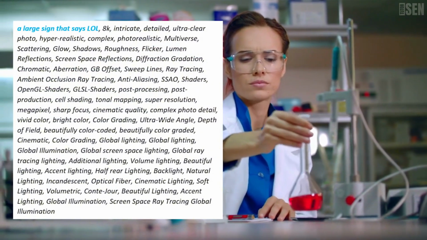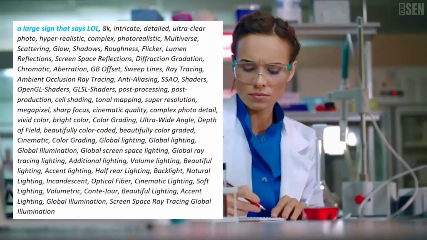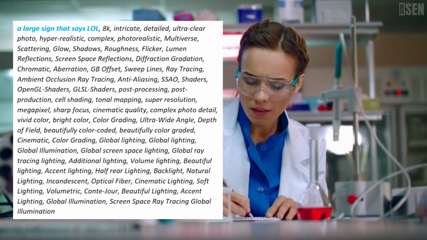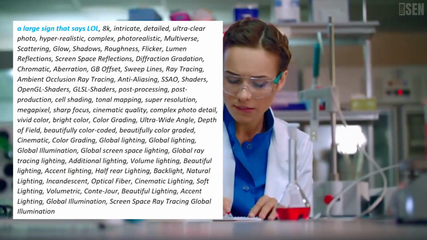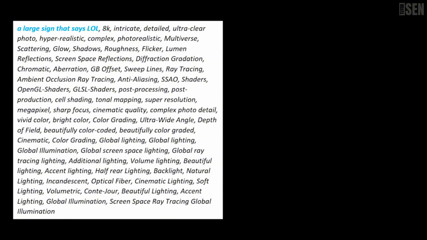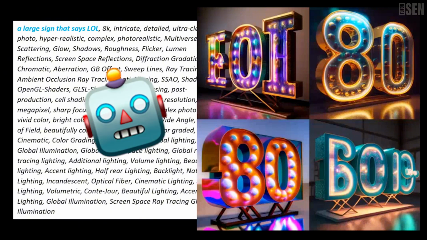It is simply a large sign that says LOL, and then 8K, intricate, detailed, ultra-clear, photo, hyper-realistic, complex, photorealistic, multi-universe, scattering, glow, shadows, and etc. Guess what we got? The letters are indeed fancy, colorful, detailed, stylish, stunning to look at even. But what the hell happened to LOL? AI decided it's gonna make EOI 80, another 80, and a AO 19?